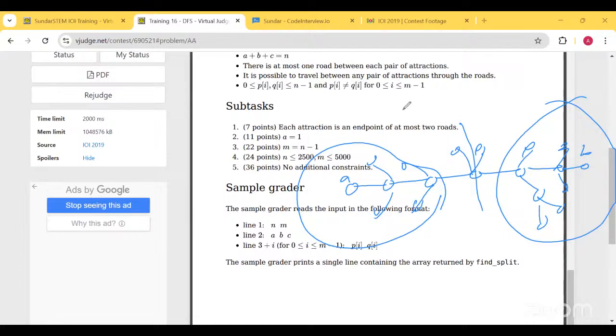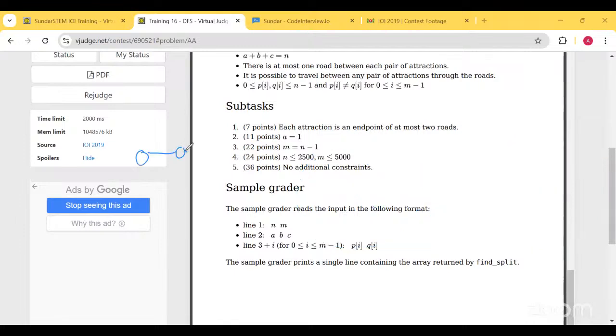Okay, maybe we want to get A here and B here, right? Is it always possible? What if the graph is a star graph? So this is the diameter, right? We want to do DFS for A, and for B, we cannot cut it, right?